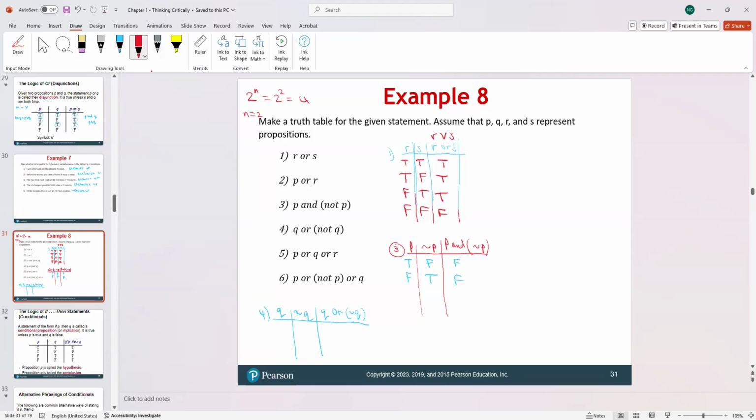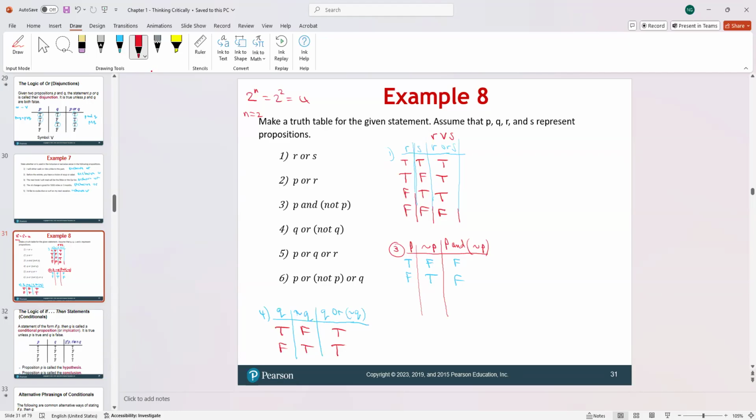We said if Q is true, then that's the opposite, that's the negation, and if it's false, that's the negation. For or, at least one of them must be true. What would be the disjunction here? Both of them true because at least one is true.